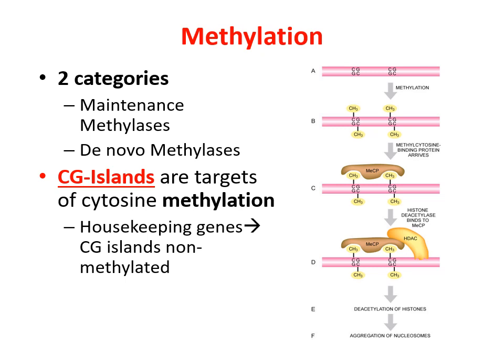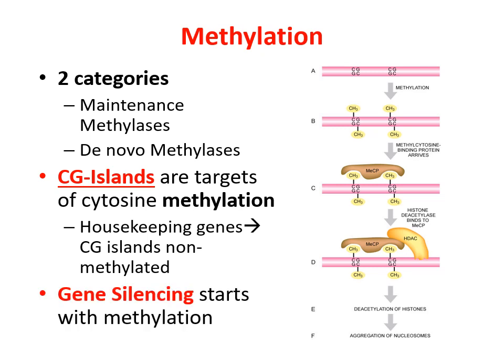So since we just said that methylation tends to be related to gene silencing and turning genes off, it makes sense that housekeeping genes are not methylated, okay? They're never methylated because that would silence them, that would turn them off, and you always want them on. So put a little star next to this fact and remind yourself housekeeping genes are not methylated.